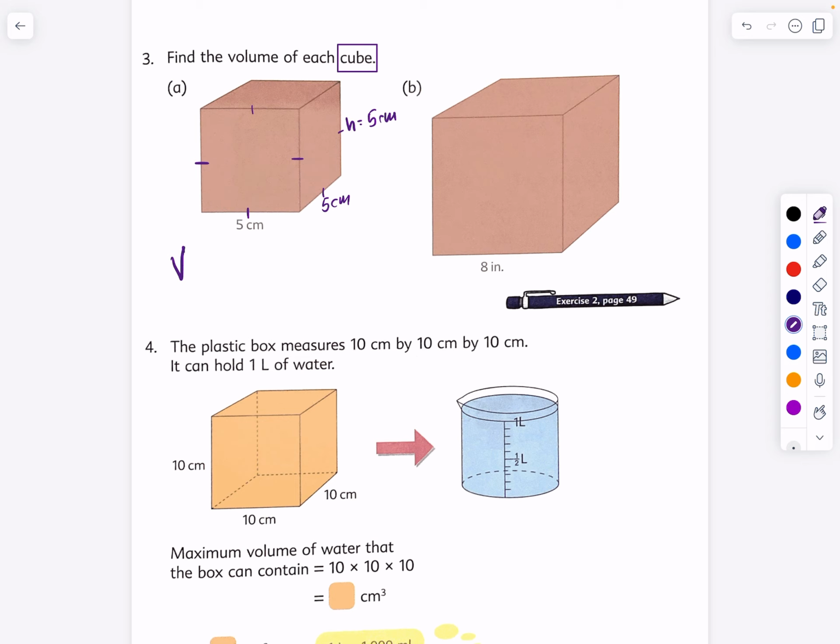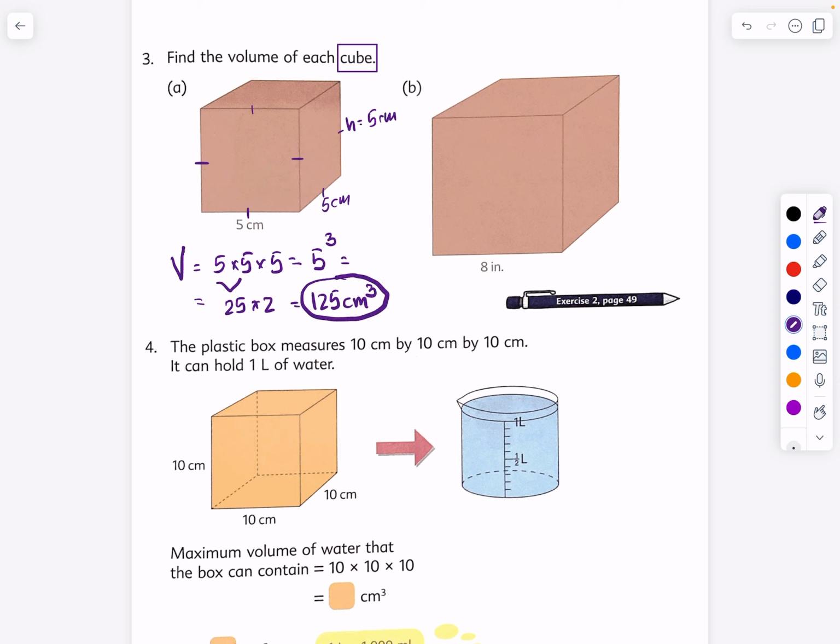My friends, the volume equals 5 times 5 times 5. I hope you recognize that it's 5 cubed, which is 25 times another 5 equals 125. That is still not a complete answer. 125 centimeters cubed. I hope you are getting a hang of it.